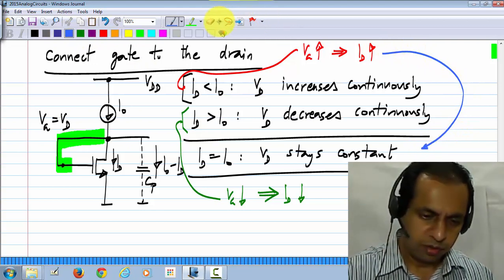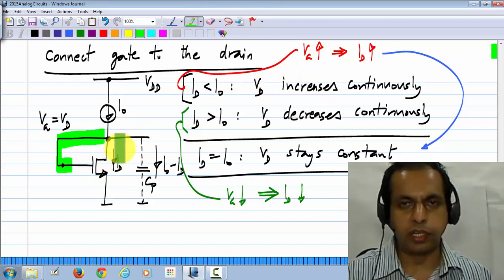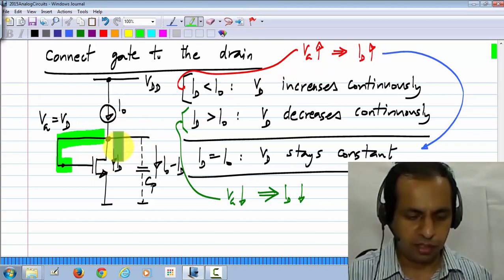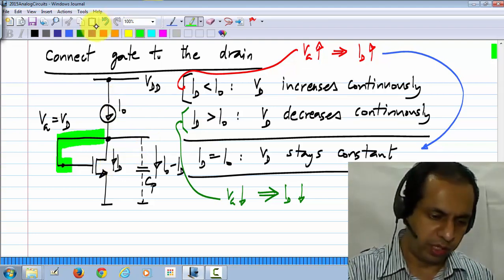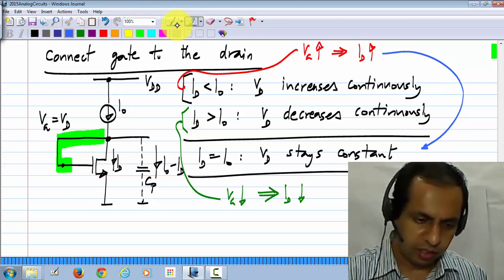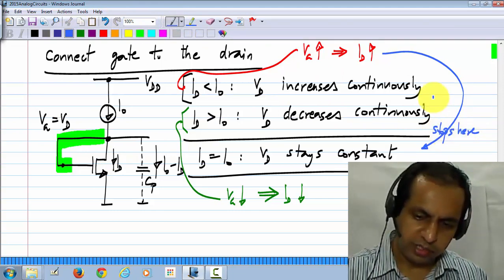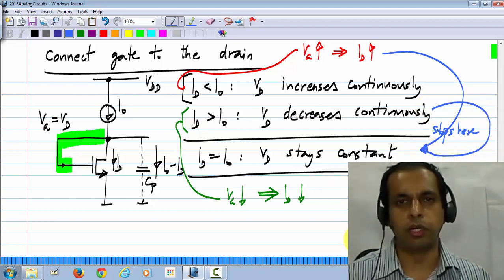So in this case, because of this feedback, ID will go on increasing. We don't have to worry about whether it's slow or fast. It will keep on doing that until I naught becomes exactly equal to ID. Then it will stop. And exactly the same thing happens in this case as well.